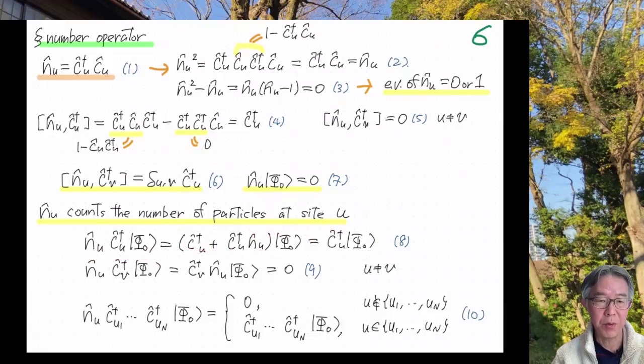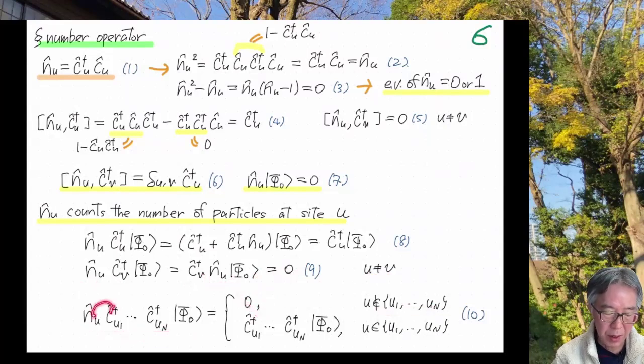But very natural. And if you do the same thing for different u and v, and if you consider this, this commutation relation says that you can simply switch the order, and phi 0 is 0, so you get 0. Okay, so this is only for one particle state, but for n particle state, the same discussion shows you that this is 0 when u is not in this list.